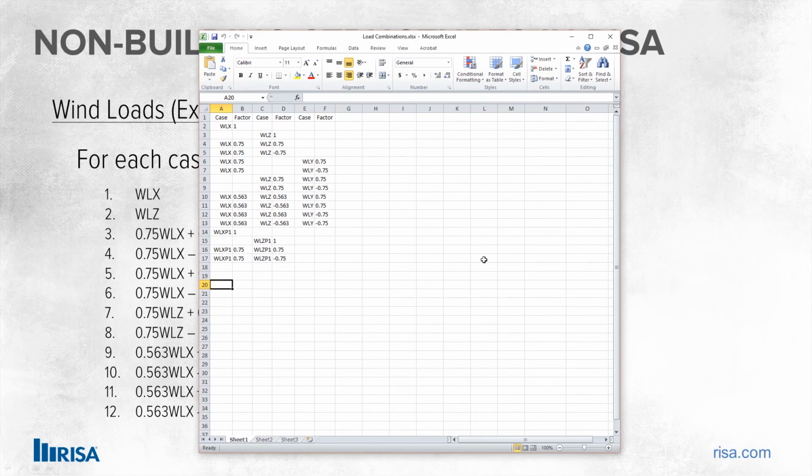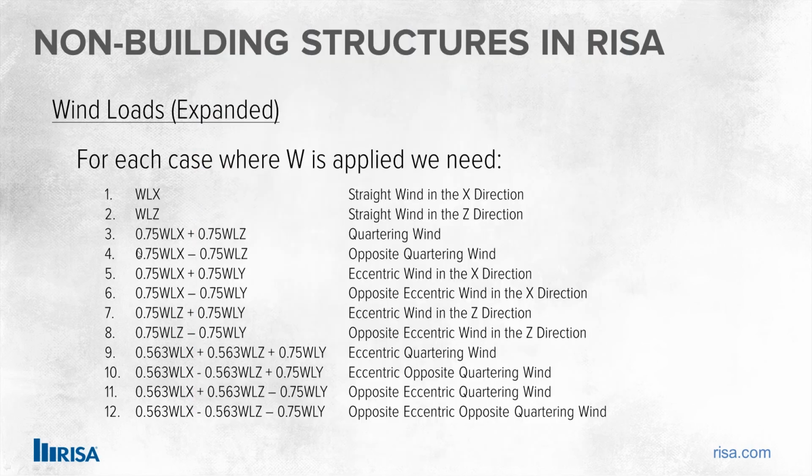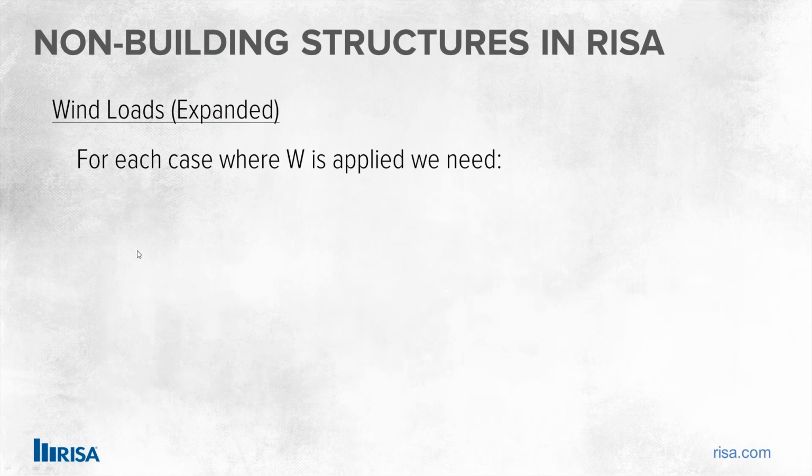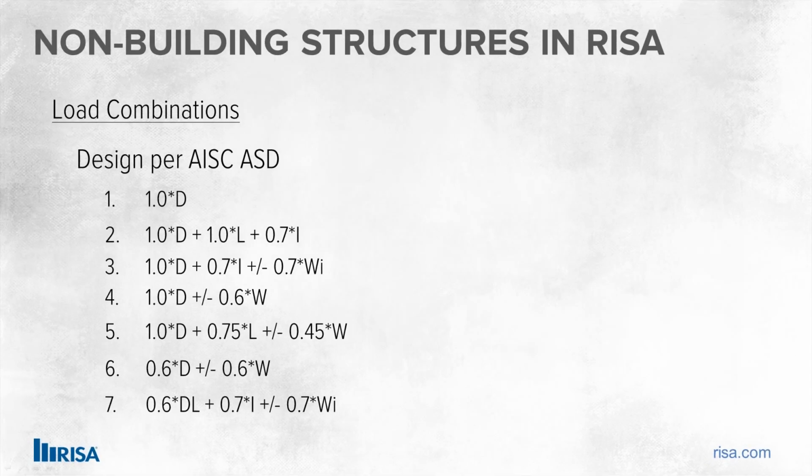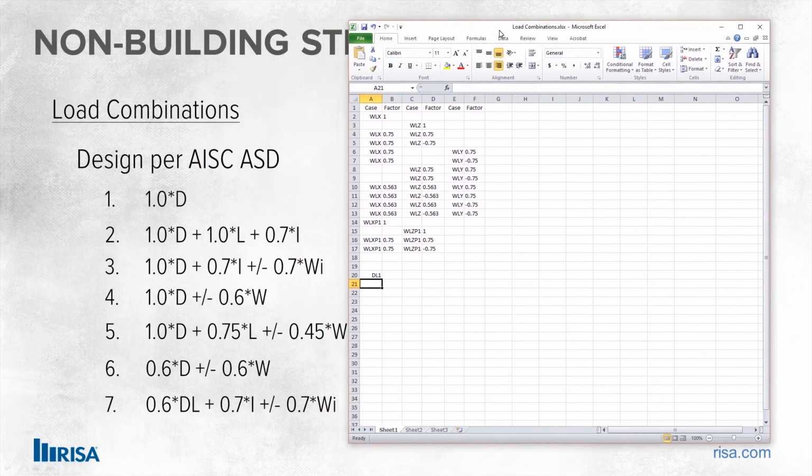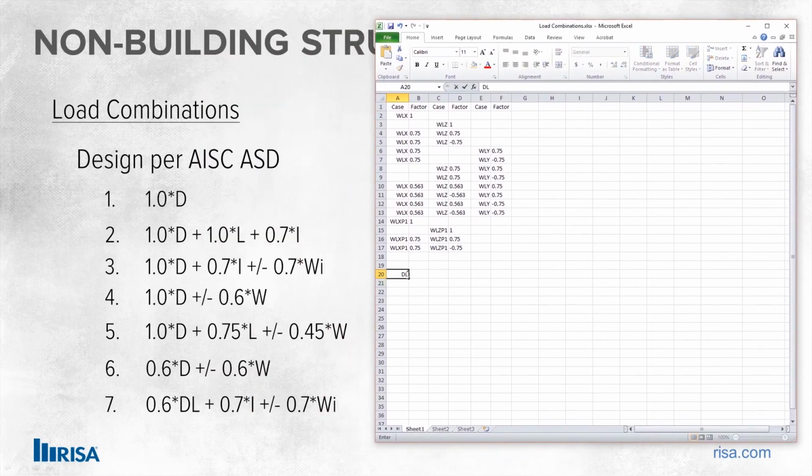And so now coming back just a little bit, I want to create my basic load combinations, and so I can set these up directly within here. So I can say that we're going to have dead load with a factor of 1. And let's back out here so we can see these side by side as I create them. All right, so I'm going to have dead load with a factor of 1. Now you'll note I'm not using the load combination generator.